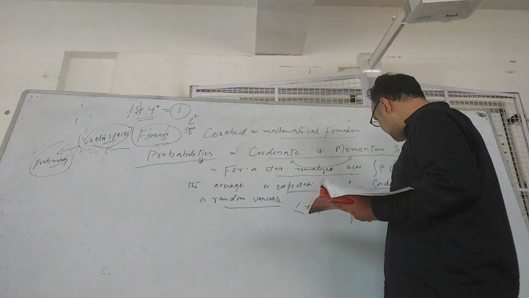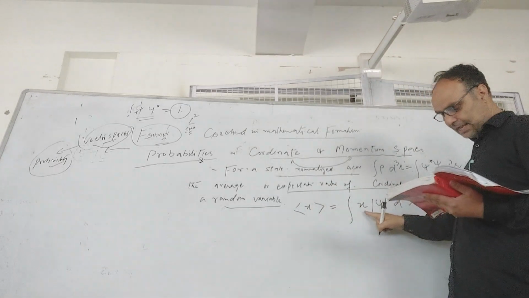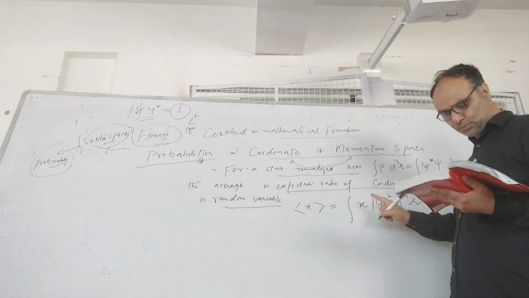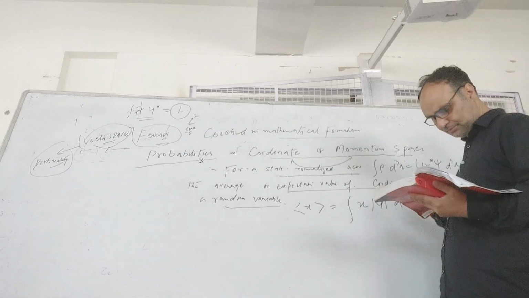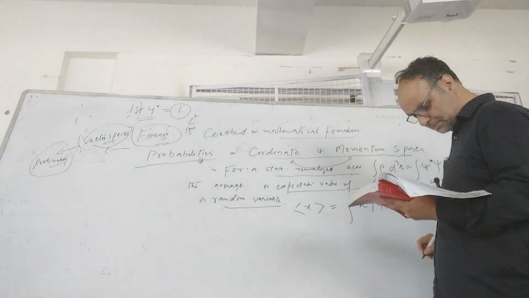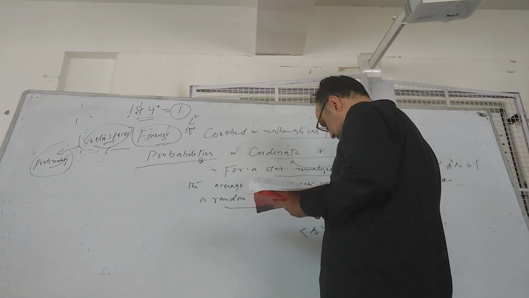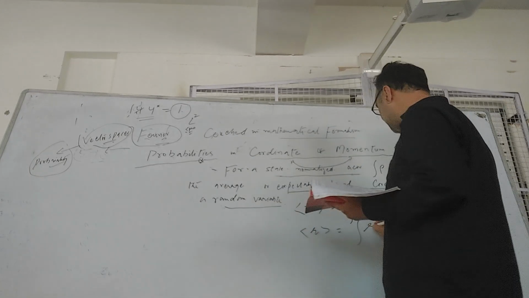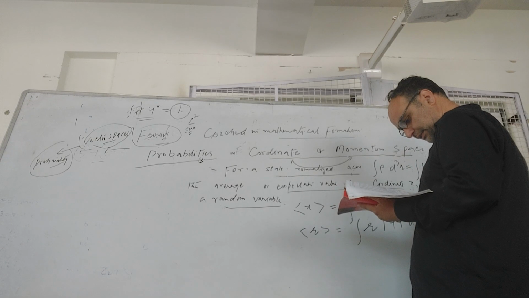So this is a normalized function, d3r. This x may be a scalar or जो भी है. इस तरह expectation value of the position value, ये तो general x है, you can see it as psi square d3r.